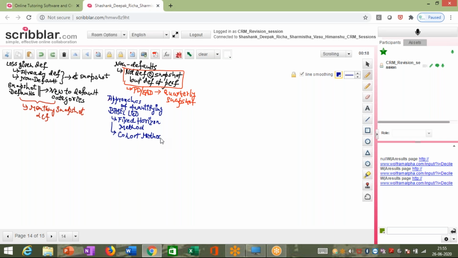It captures all the snapshot defaults in a given snapshot and tracks the recovery over the next 36 months.